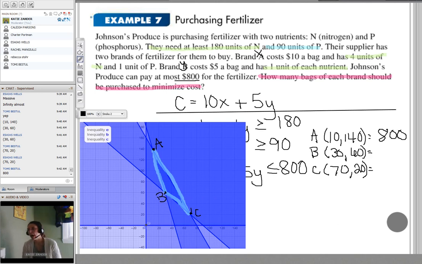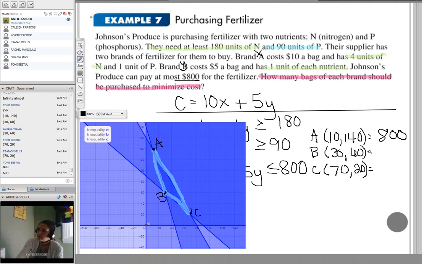All right, what about option B? So buying 30 bags of brand A and 60 bags of brand B. What is that going to cost us? $600.